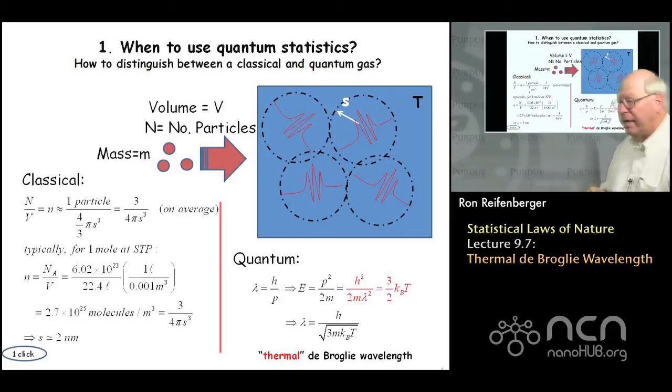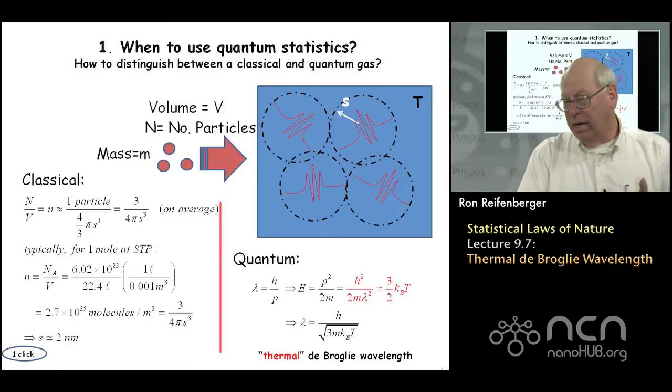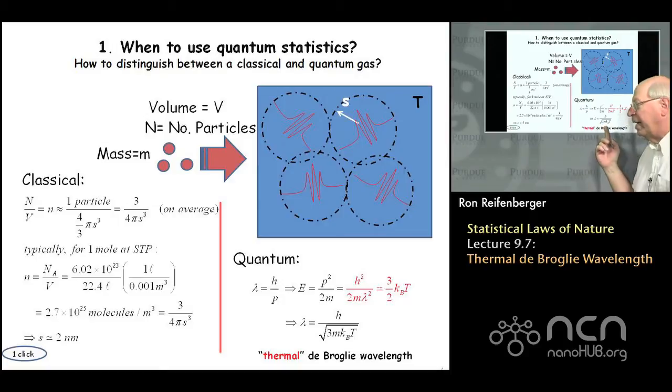So that gives us a relationship between the de Broglie wavelength and the temperature T of the gas atoms, and it's telling us that we can define a thermal de Broglie wavelength, which is just equal to Planck's constant h divided by the square root of 3 times the mass of the gas atom times Boltzmann constant times temperature T.